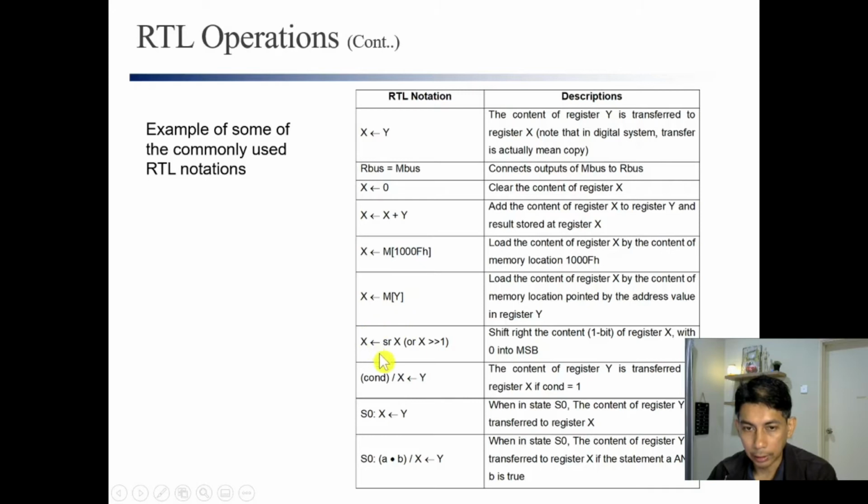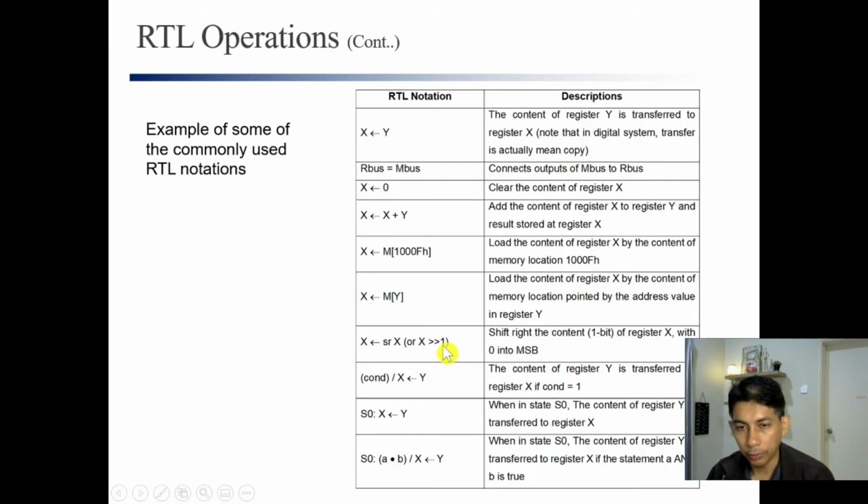Next is when we want to do shift. Yeah, shift. So this is shift right, 1 bit. If we want to shift the data in the register, this is how we write X, the arrow, and as art shift right X. Or we can just write X, using the symbol greater than 2 times 1. 1 means shift to the right 1 bit.